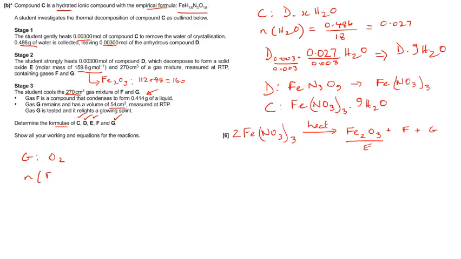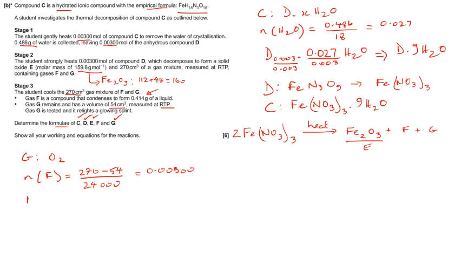Moles of F is going to be the volume, so that's 270 minus the volume of oxygen, 54, over 24,000, because it's RTP. And that gives us 0.009 moles.